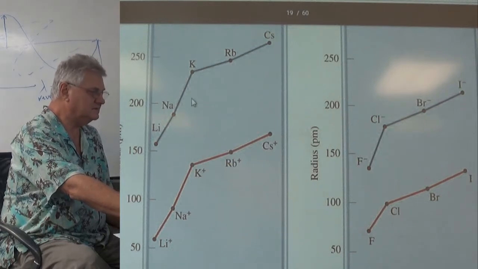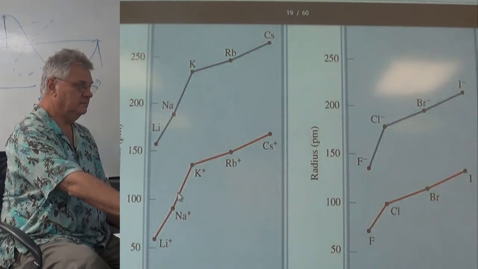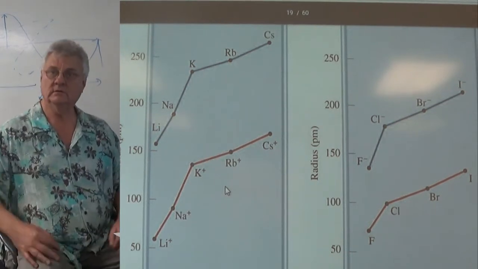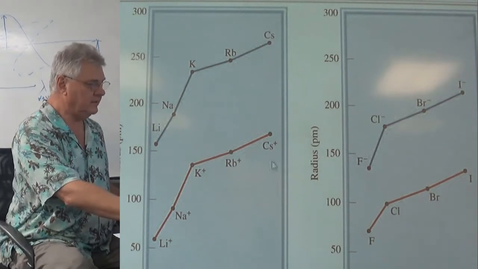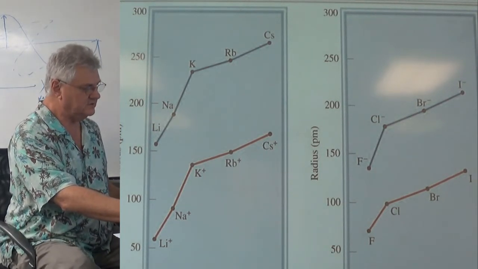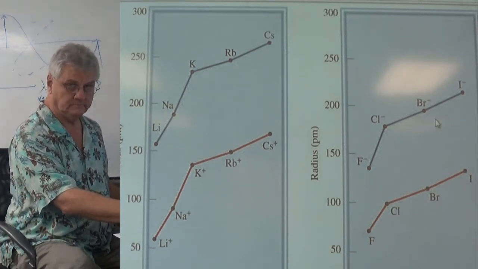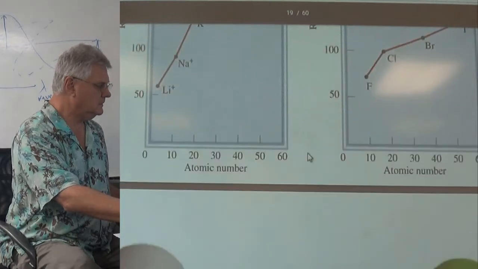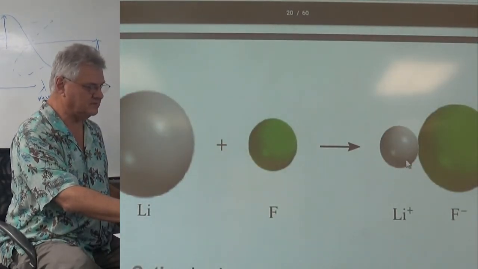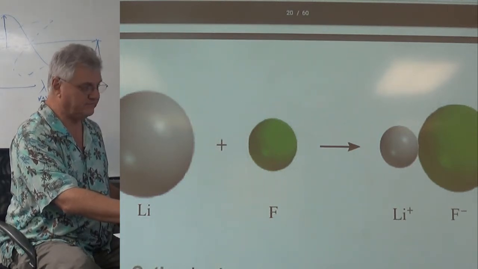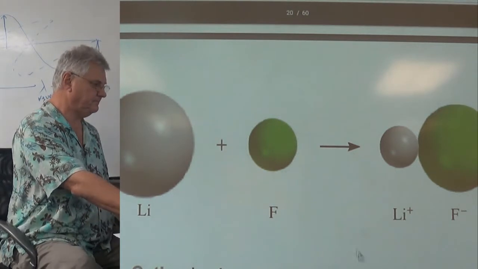If you have metals like the alkali metals and you take an electron away, the cations are smaller. You're removing electrons from the outer orbital, so they're going to get smaller. On the other hand, if you take the halogens and add electrons to them, they get bigger, okay? Here it's showing lithium, which when it loses an electron forms a cation that's smaller. Fluorine, when it gains an electron, forms fluoride that's bigger.